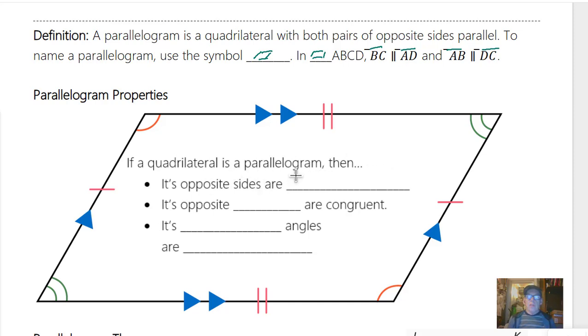If a quadrilateral is a parallelogram, then its opposite sides are congruent and parallel. Its opposite angles are congruent.